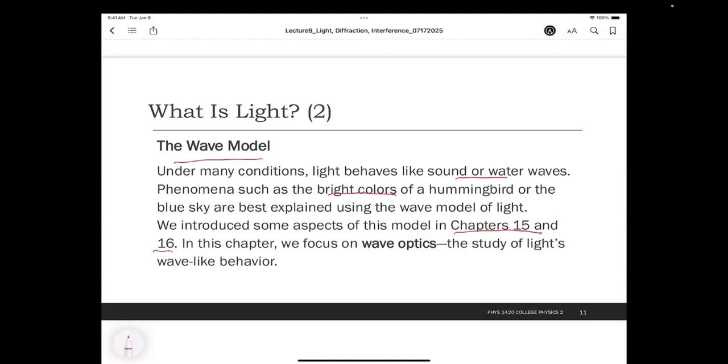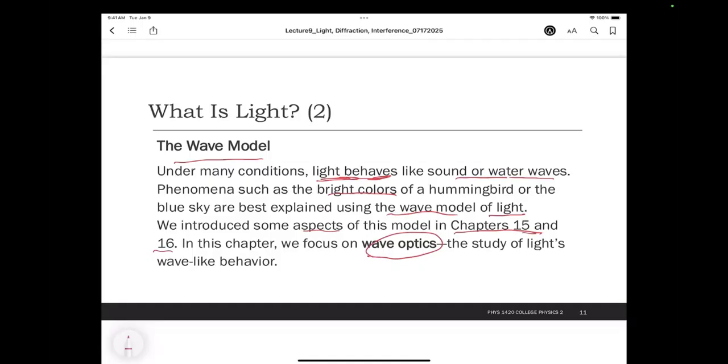Actually, we have already talked about the wave model, but not too much about light, just the stream wave or the water wave. But since light sometimes behaves like a wave, it has the same characteristics as water waves or sound waves. We have already talked about some aspects in chapters 15 and 16. In this chapter, we focus on wave optics, the study of light's wave behavior.